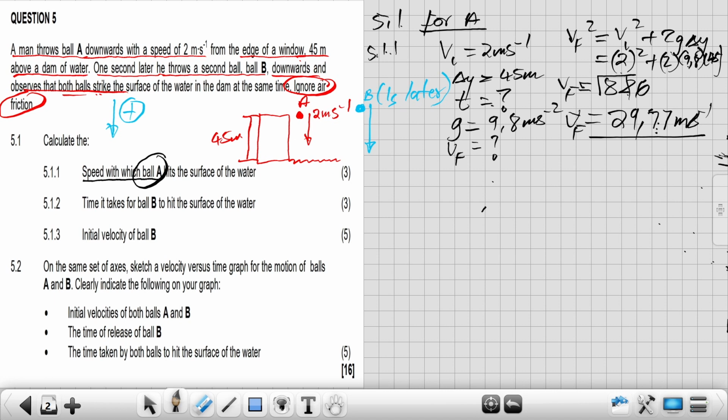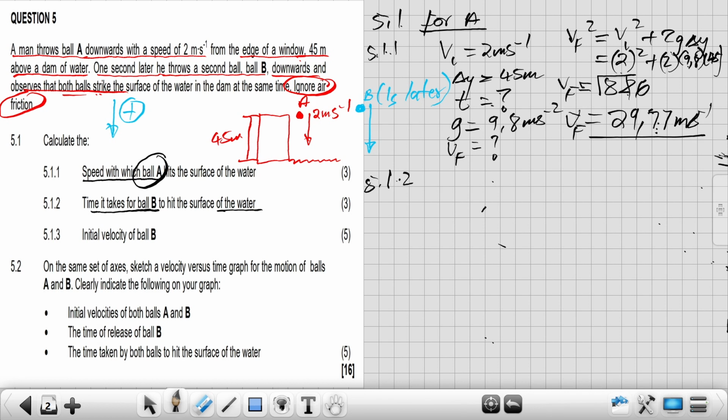So that is for 5.11. And then they say to us, calculate the time taken by ball B to hit the surface of the water. So at 5.12, the challenge is there isn't much information that I know about ball B. If that is the case, can I relate the information of A with B?